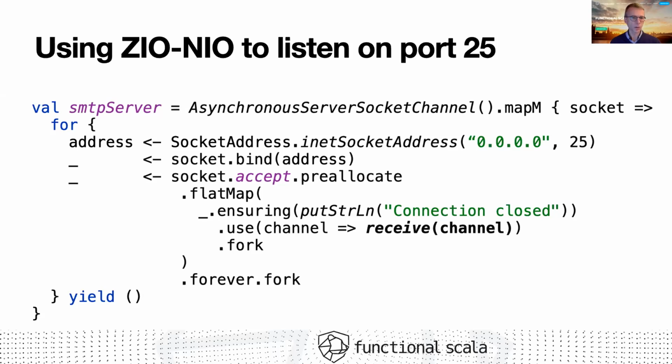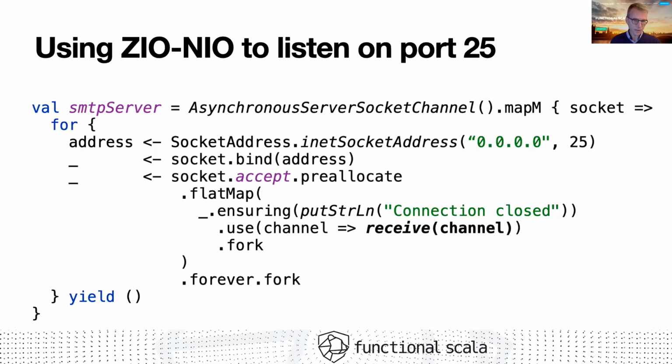From that point on, whenever a new connection appears on that port, it can be handled by some kind of worker or receive method that will pick up the information coming into this channel. And this channel is bidirectional. So you can receive information, but you can also put information back into the channel. That's exactly what we need here, because it's a question-answer type of protocol that we want to implement.